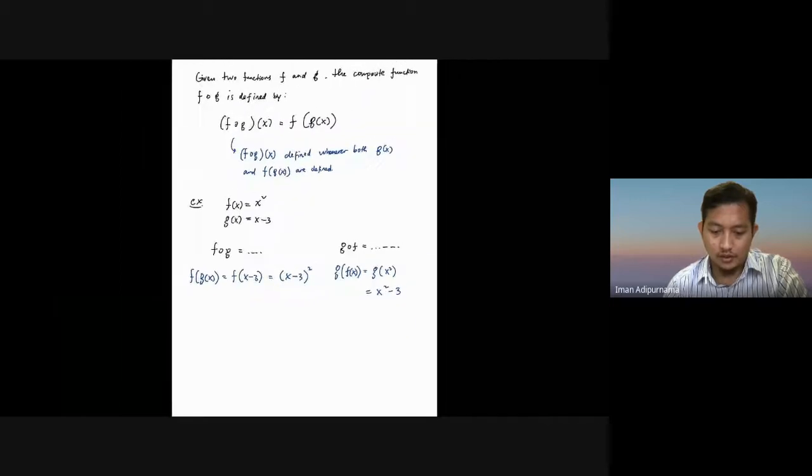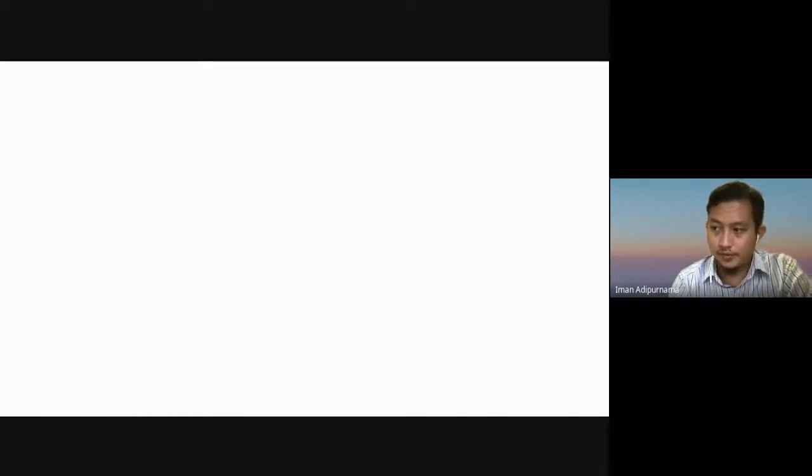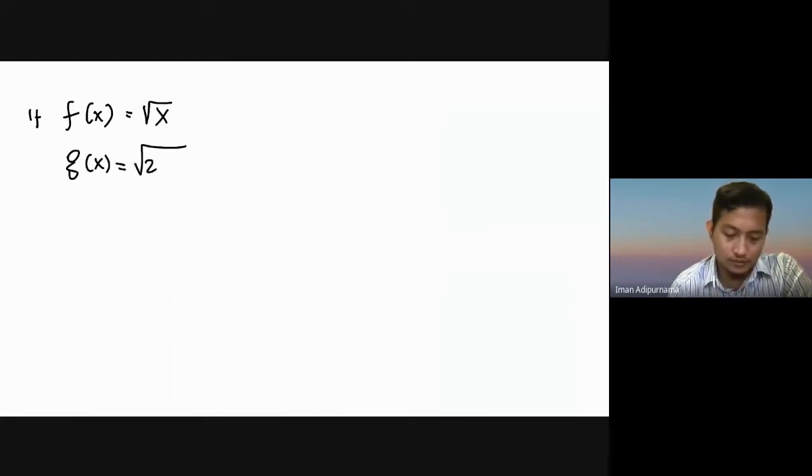To make it more practical, let's go for another example. If f of x is the square root of x, and g of x is given, first is f o g, second is g o f, and you can also make a function inside the same function.